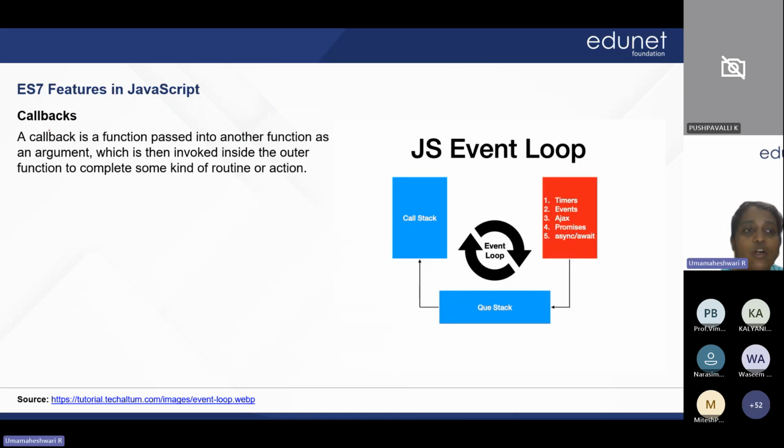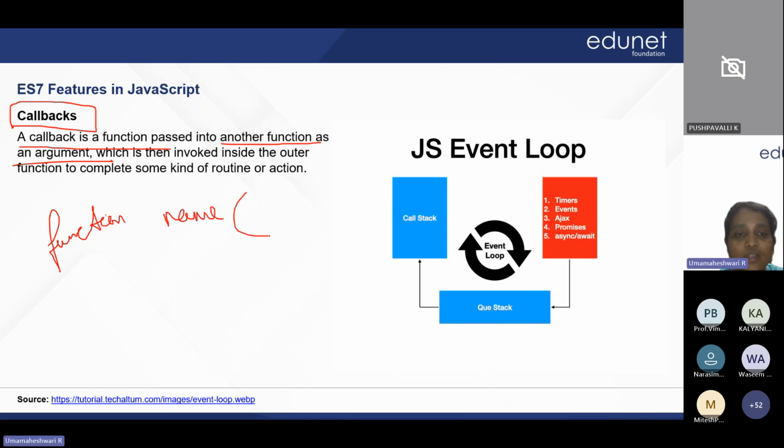Now, what are callbacks? A callback is a function passed into another function as an argument. So here, let's say I have a function, and the name of some callback I'm giving as an argument.